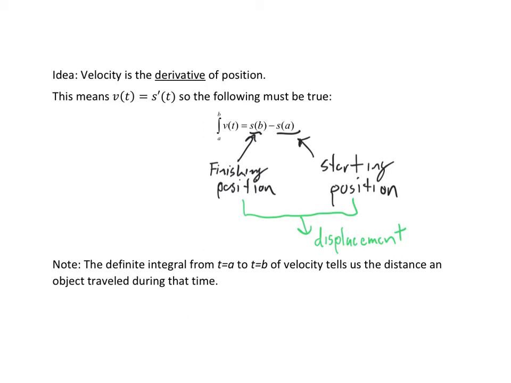So the definite integral from t equals a to t equals b of velocity tells us the distance an object traveled during that time, or really moved during that time from start to finish.